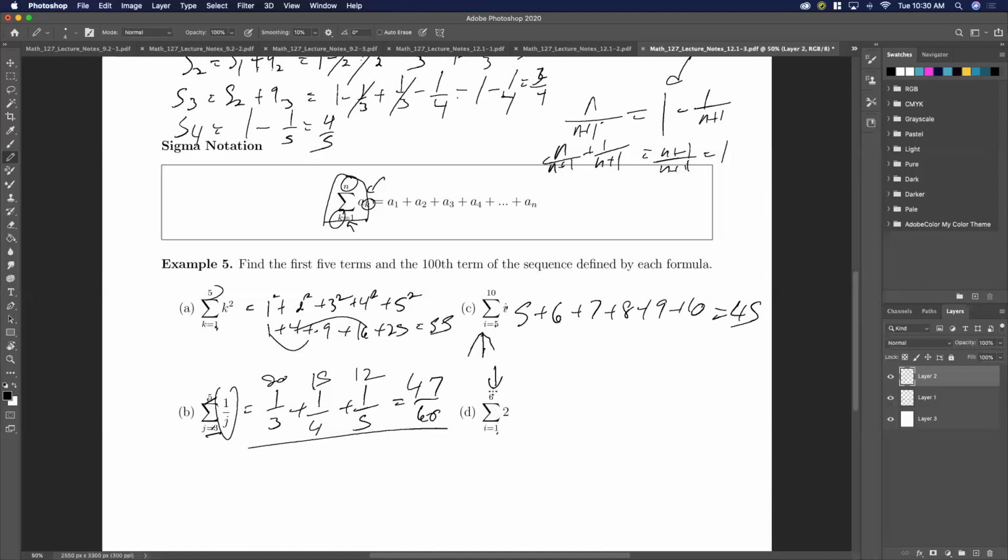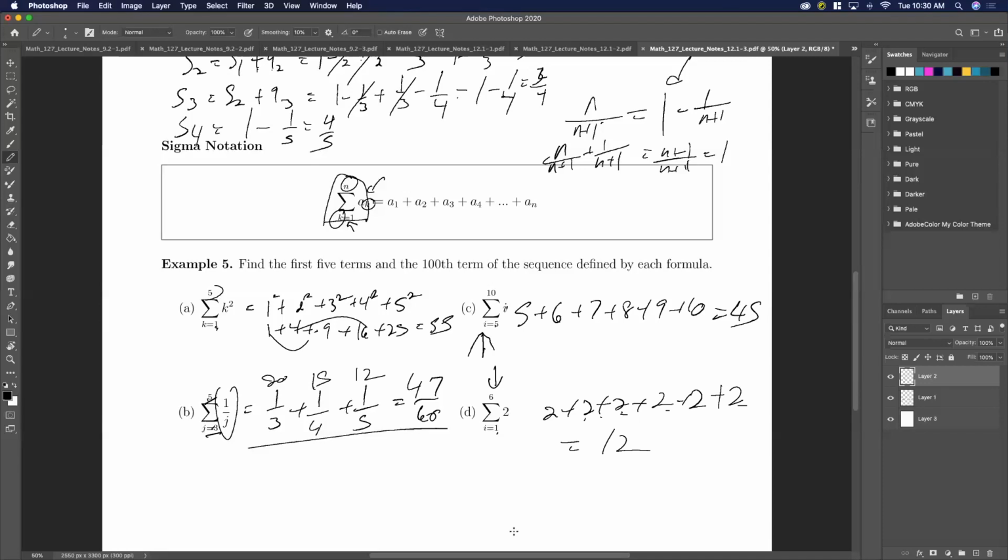Here we're going to go from 1 to 6, and my formula here is 2. So when i is 1, it's 2. When i is 2, it's 2, and so on, up to when i is 6, it's 2. So 2, 2, 2, 2, 2, 2 is 12. So this is just some notation.